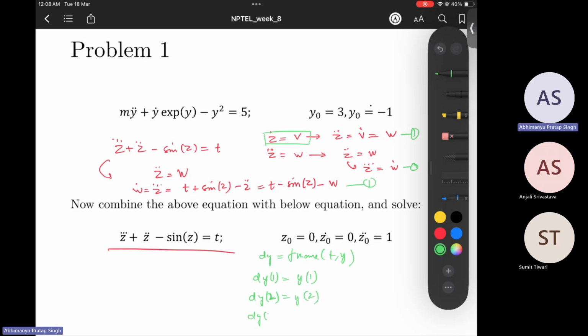And then I have z triple dot, right? So that is this term. T minus sine of z is y1 only. So sine of y1 minus w, that is y3.